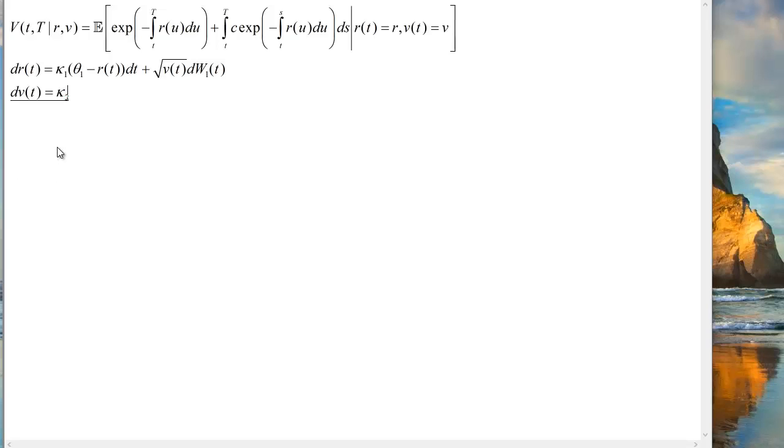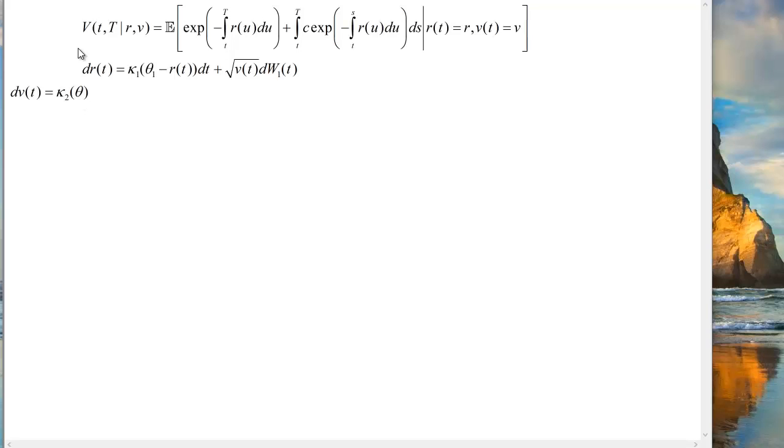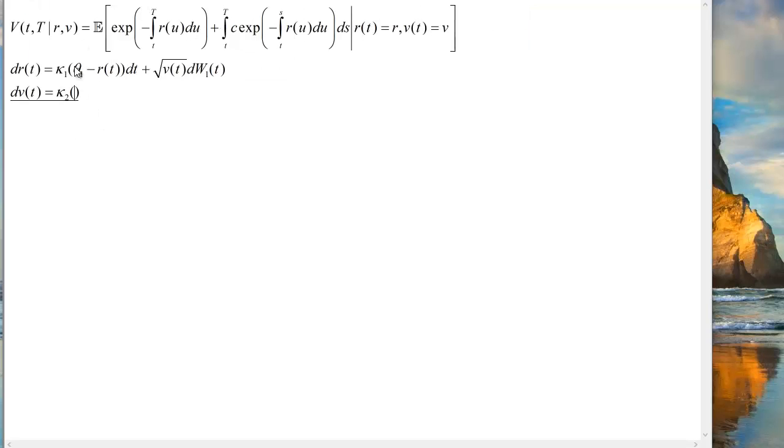kappa 2 times theta 2 minus v_t dt plus sigma 2.